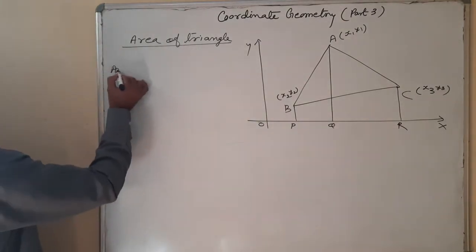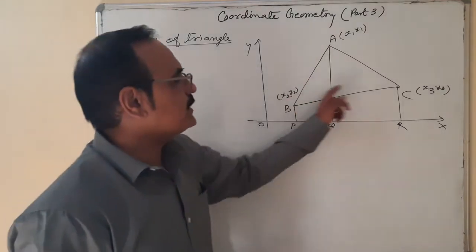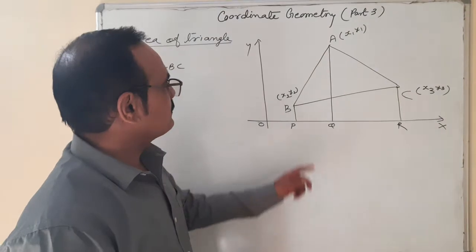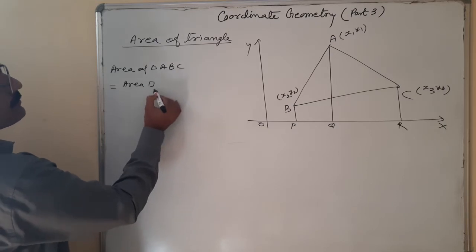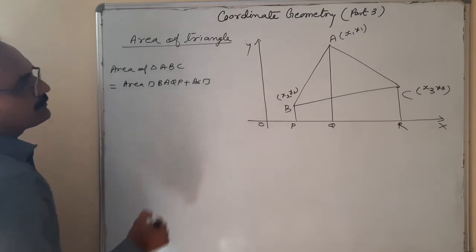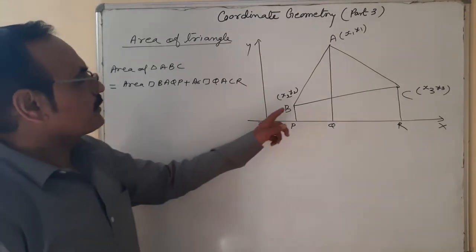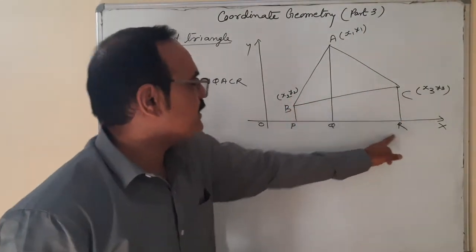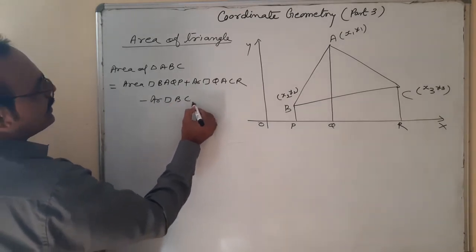Area of triangle ABC is equal to, may I write, area of trapezium BAQP plus area of trapezium QACR minus area of trapezium BCRP.